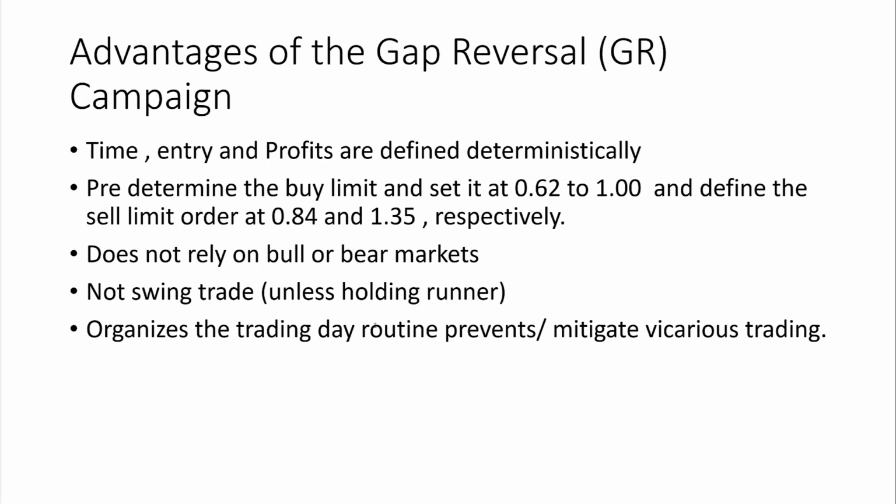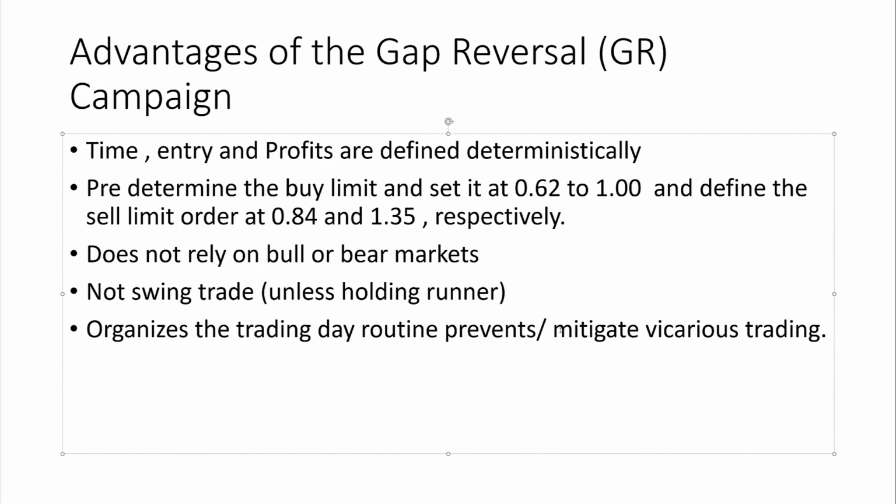And also, for me, I think one of the biggest advantages of this gap reversal is that it'll mitigate your vicarious trading. Everyone's trying to get rich from other people's experience, right? But why not? If everyone is doing that, then wouldn't everyone be 100,000-aires or millionaires? Well, no, they won't be, because they're trading vicariously.